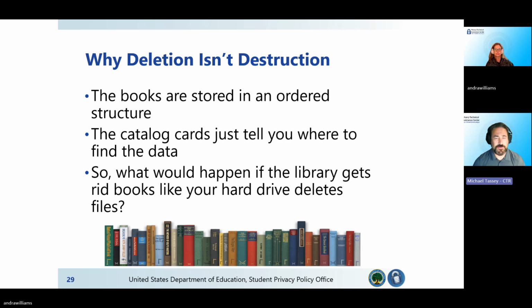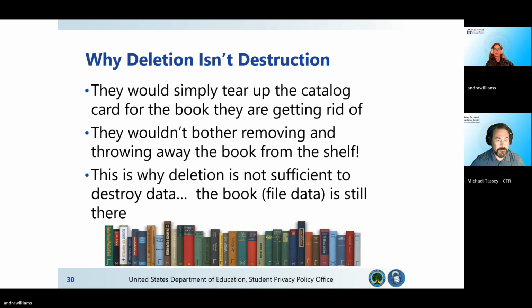Those files are stored on the digital shelves, and your computer stores a master card catalog of where to find them. So if we follow this along to its logical conclusion, what would happen if your library got rid of books the same way your delete button works on your computer?